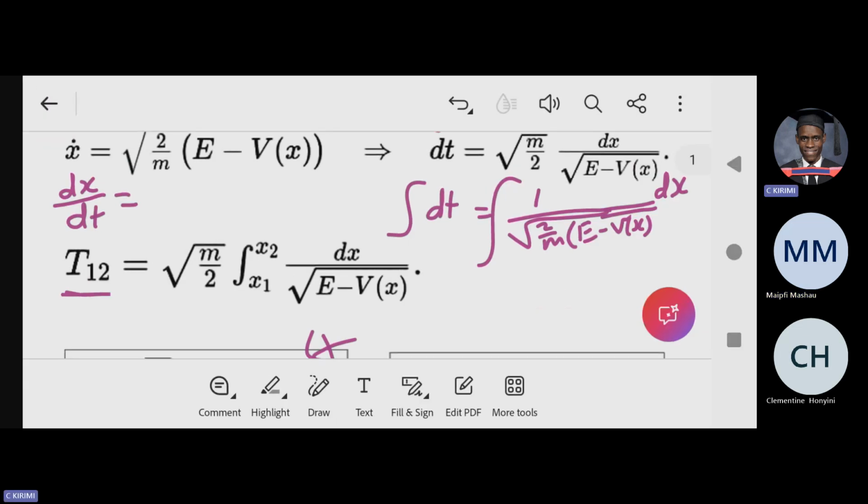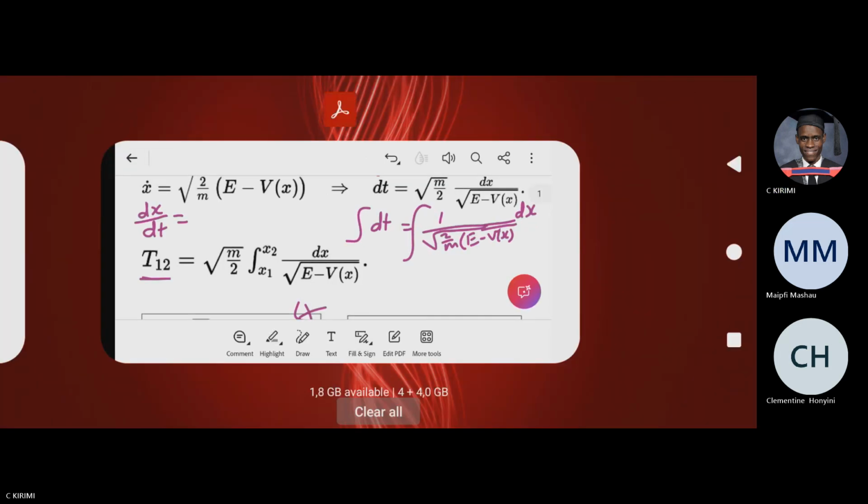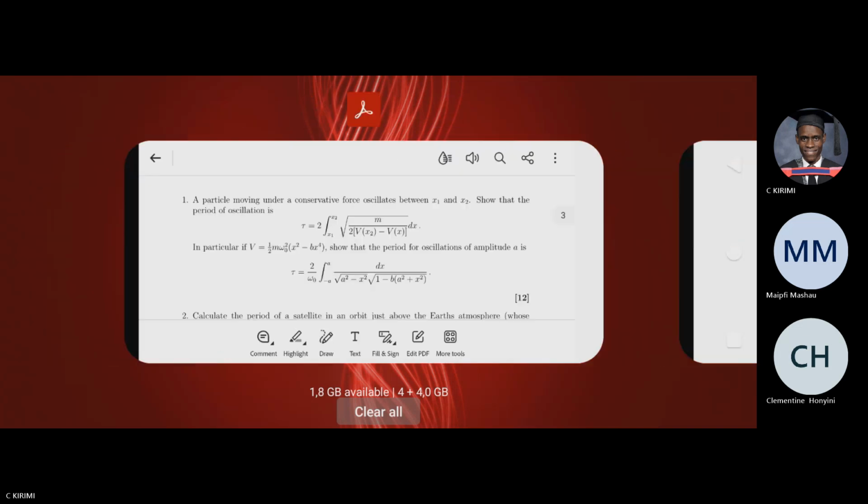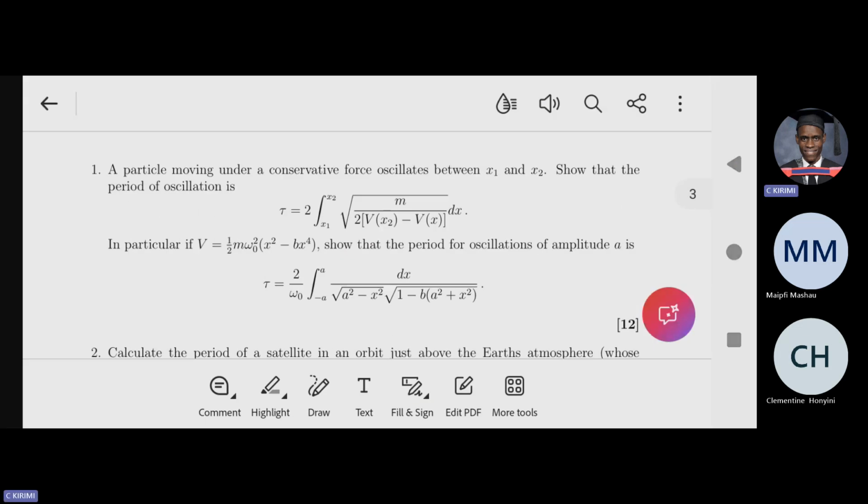So you integrate the left to get t, and the integral of the right with respect to x. So t12 means for you to move the particle between x1 and x2. Those are the two conditions.